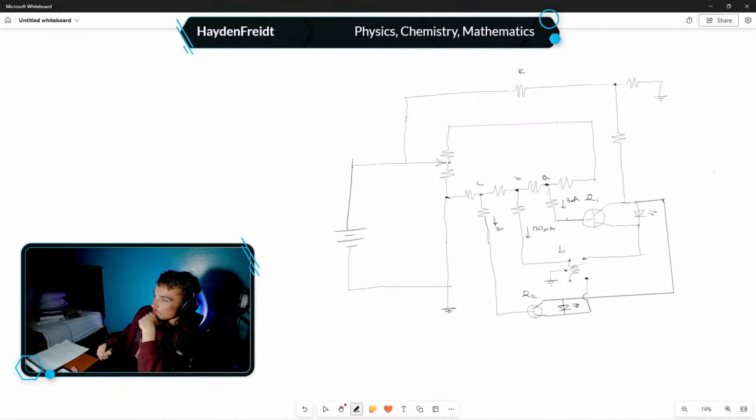Again, 3 milliamps, but these are going to activate at different turns of the potentiometer. This will be the first to activate, this will be the second, this will be the third, but really I want these two to activate at a similar time because this is going to switch from grounding this LED to grounding this LED. I want this LED to turn off and this LED to turn on, determined by the turn of the potentiometer.